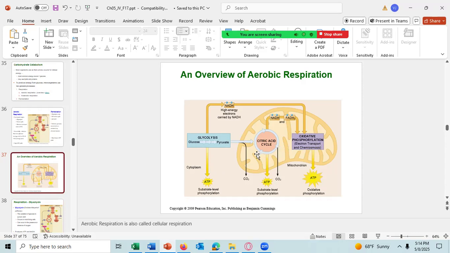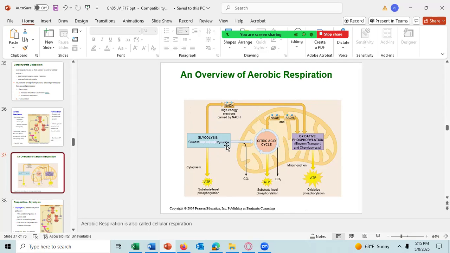Initially, in a eukaryote cell, the glucose is converted into pyruvate in the cytoplasm. So if we look at the pink boundary, that's the boundary of the cell. Glycolysis occurs in the cytoplasm. Pyruvate is made by glycolysis. Some ATP is made. Some NADH is made. We'll talk about the NADH in a bit.